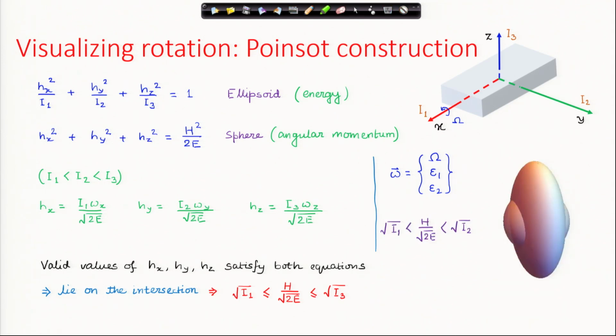If there has to be an intersection, then this must be the condition satisfied by the radius of the sphere. You see this is the radius square. So, the radius of the sphere must be greater than the lowest semi axis and the intermediate semi axis. In that case, I have this intersection.